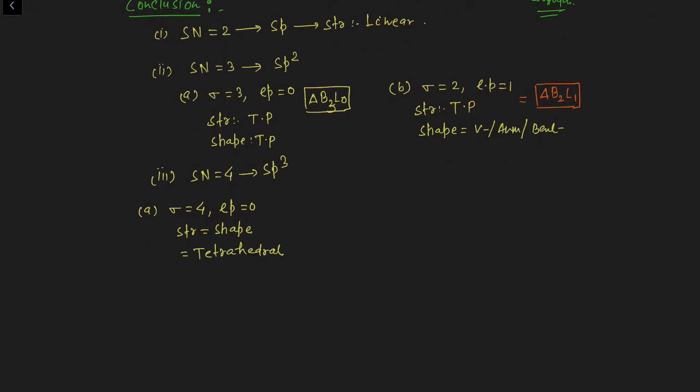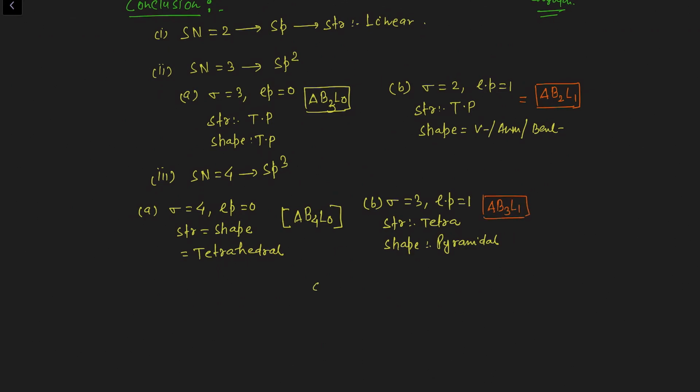And according to VBT, this is AB4L0 type molecule. Condition number 2, if sigma bond is 3, lone pair is 1, then structure will again be tetrahedral, right? But shape will be pyramidal. We already did the example of this type of molecule. And according to VBT, this is AB3L1 type molecule.